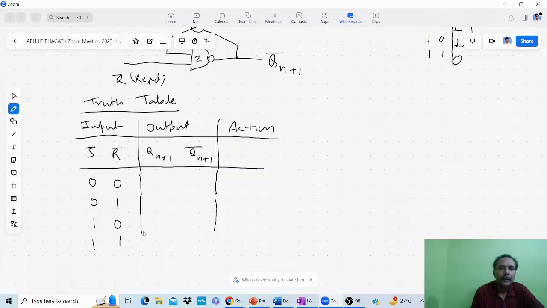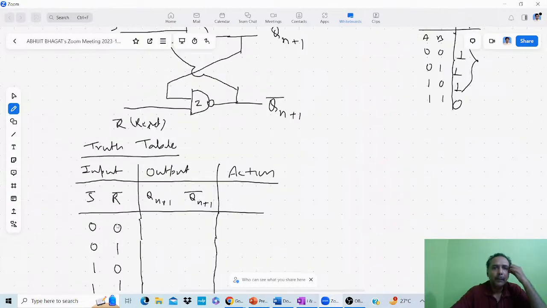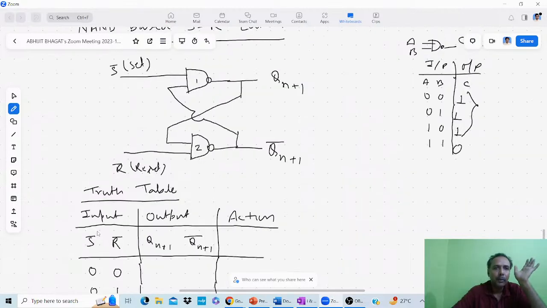Now here you can see for 0 0, same. First we discuss the 0 1 and 1 0 as before. Then at last we discuss the 0 0 and 1 1. Or we can start with the 0 0. Is it okay? So when both are 0 0, suppose.